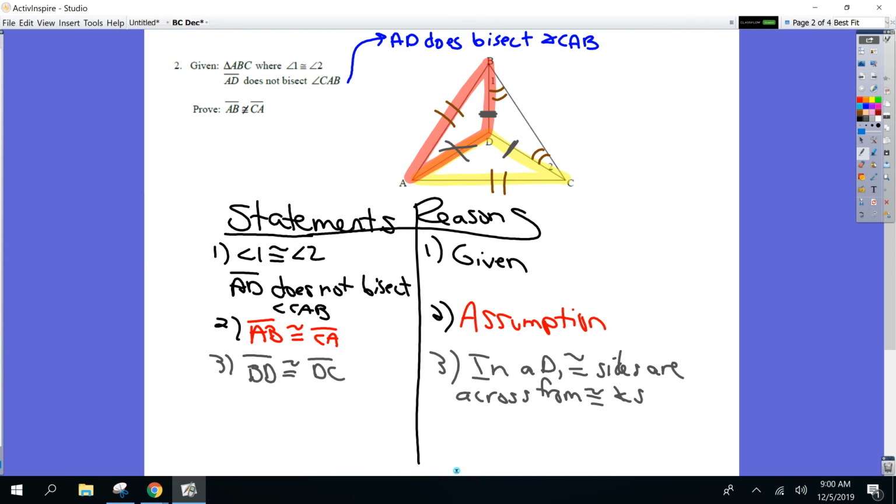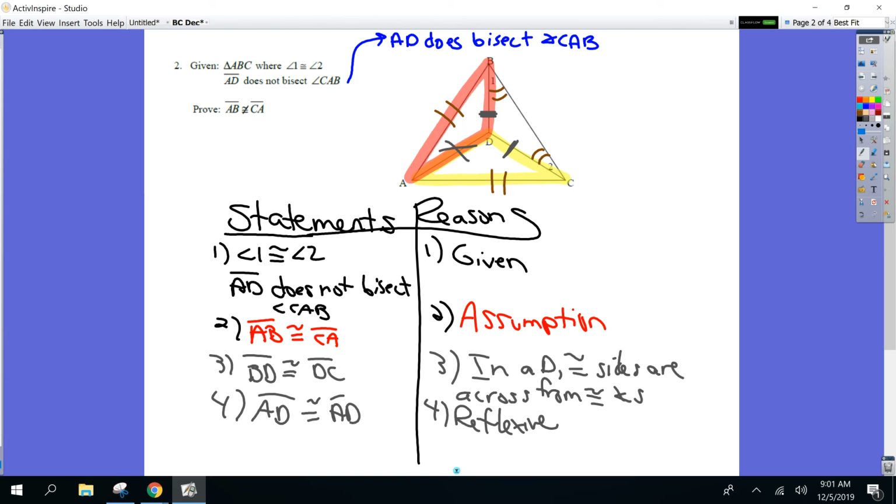Supplements. Okay. Yes, you could do subtraction of angles to get these two here, but I'll just go with AD congruent to itself. Nice.